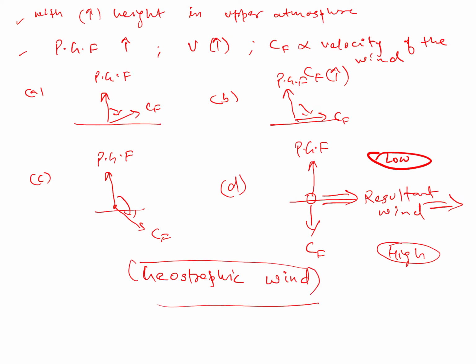Is it clear? At some particular height, this balance is obtained, and the wind starts moving parallel to the isobar. That's why most of the jet streams, you always say, are flowing parallel to the isobar, and they are geostrophic in nature.